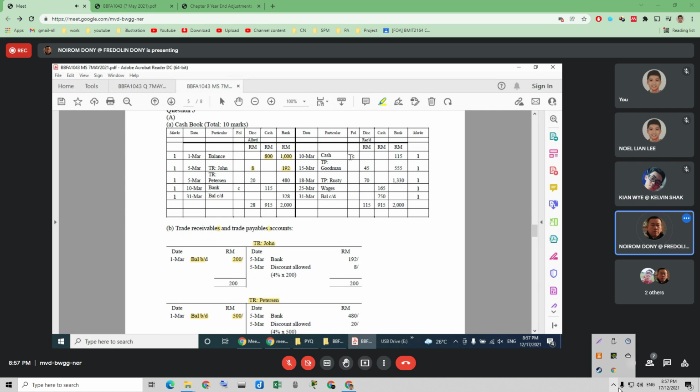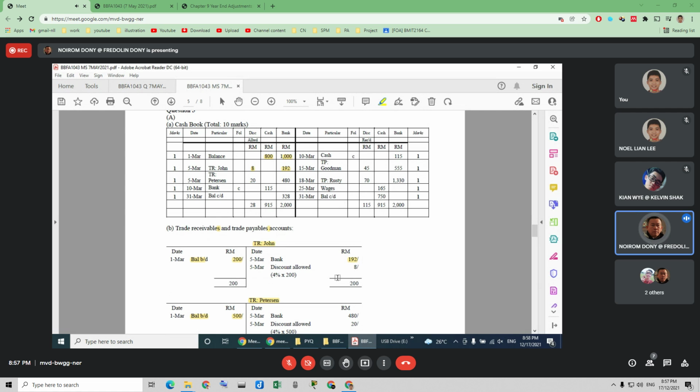So at this point, this is a prime entry, a single entry only. When we record in the trade receivable John, we record it as a single entry. So 192, this is reducing a debit item, so we need to do a credit entry in John.